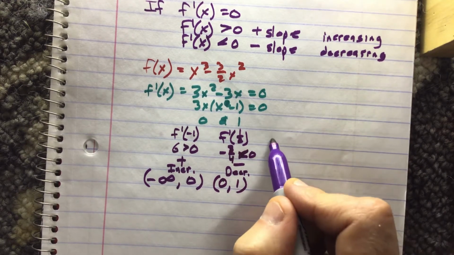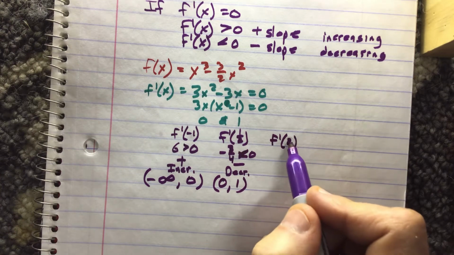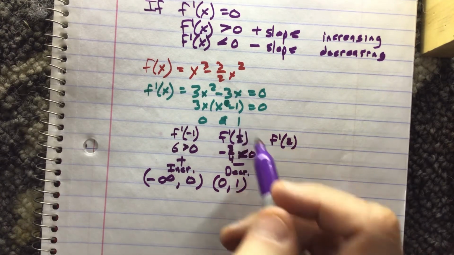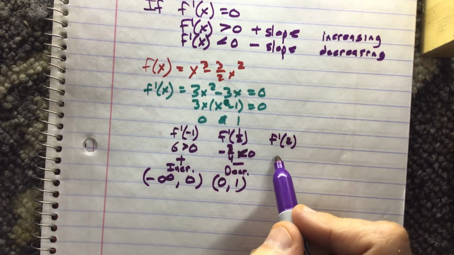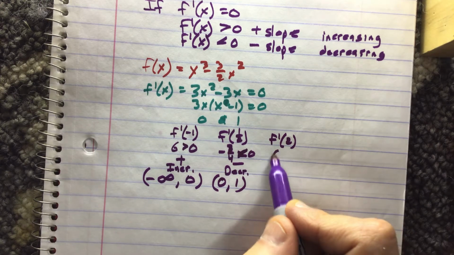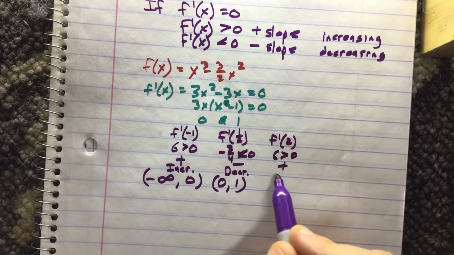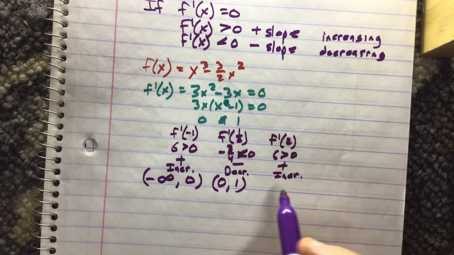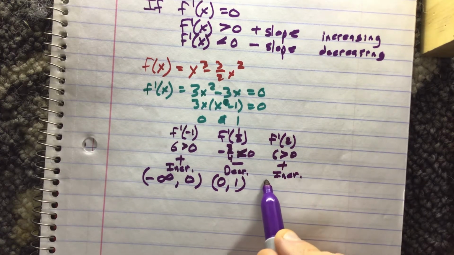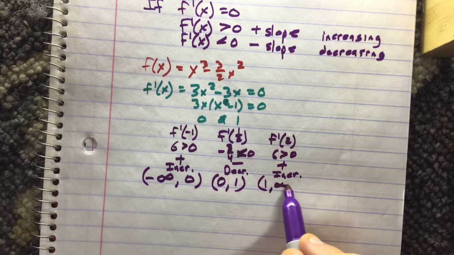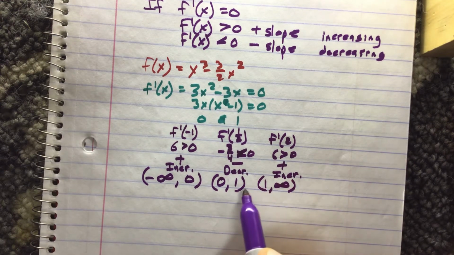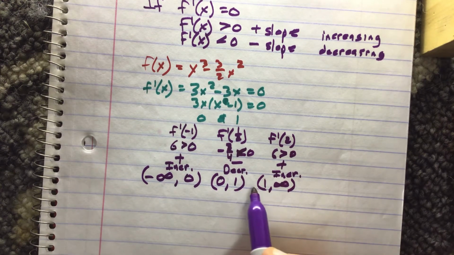And then if I plug in f prime of 2, which is just a test point that's above 1, I will see that I get 6, which is greater than 0, and it's positive, so this function is increasing, and that's increasing from 1 to infinity. Notice these are open brackets, so we're not including 1, because at 1 the slope is 0.